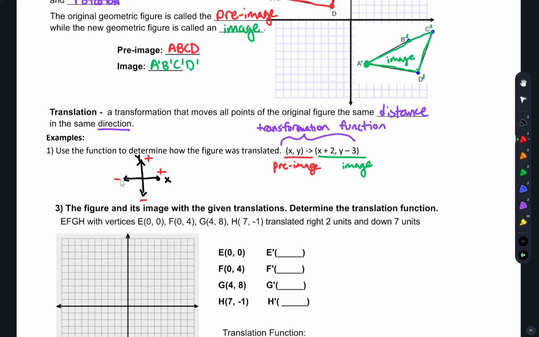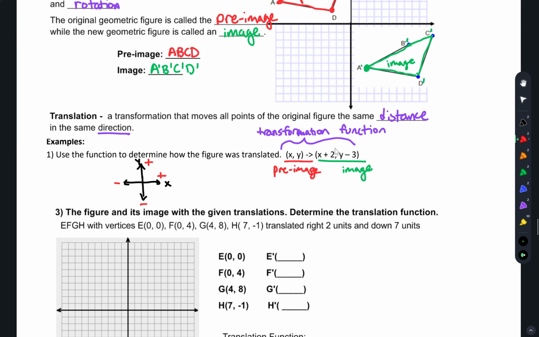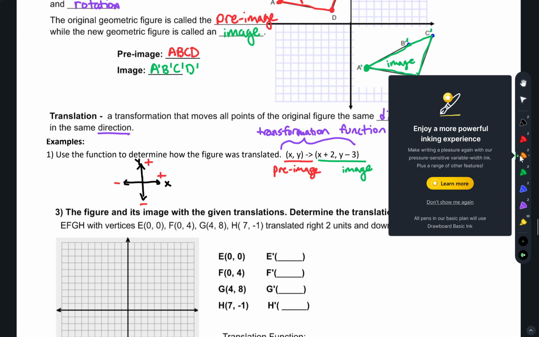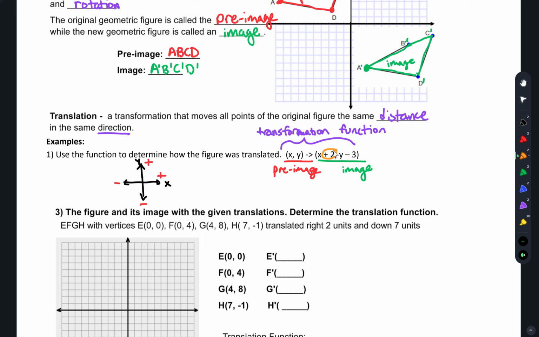And the same goes with these coordinate points in my transformation function. So if I have something that says X plus 2, I know that I must be moving in the X direction positively, which is a right movement of 2. And if I'm moving in the Y direction, a negative 3, that means I would be moving down 3.